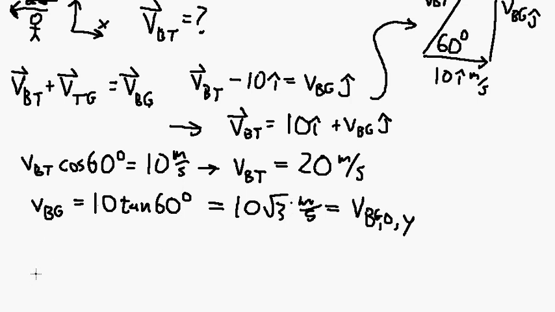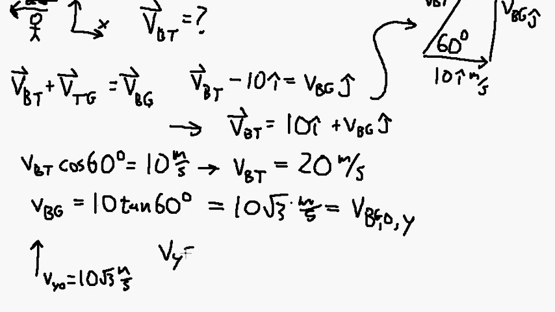Now if an object is thrown upwards at Vy naught, 10 radical 3 meters per second, how high does it go? What's the maximum height? Let's just say, when does the velocity equal 0?